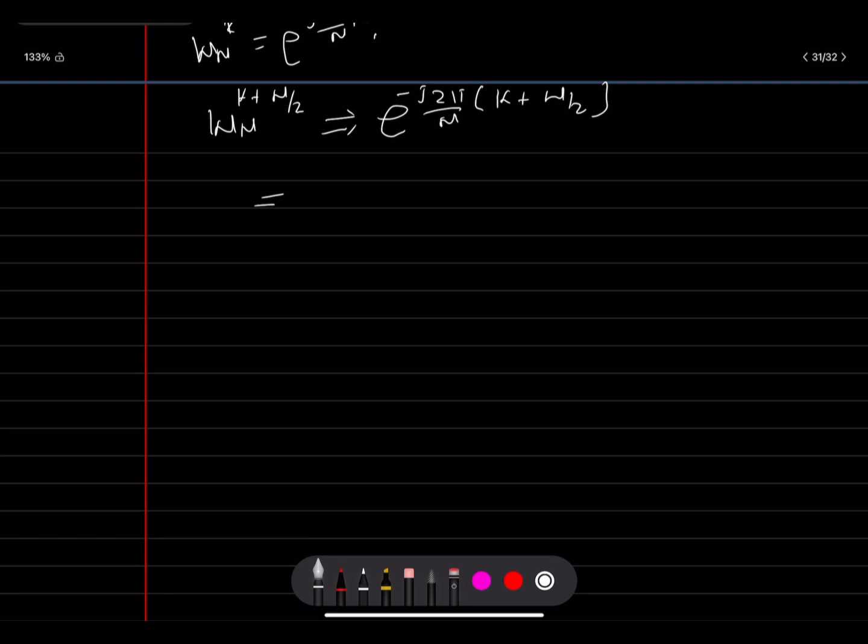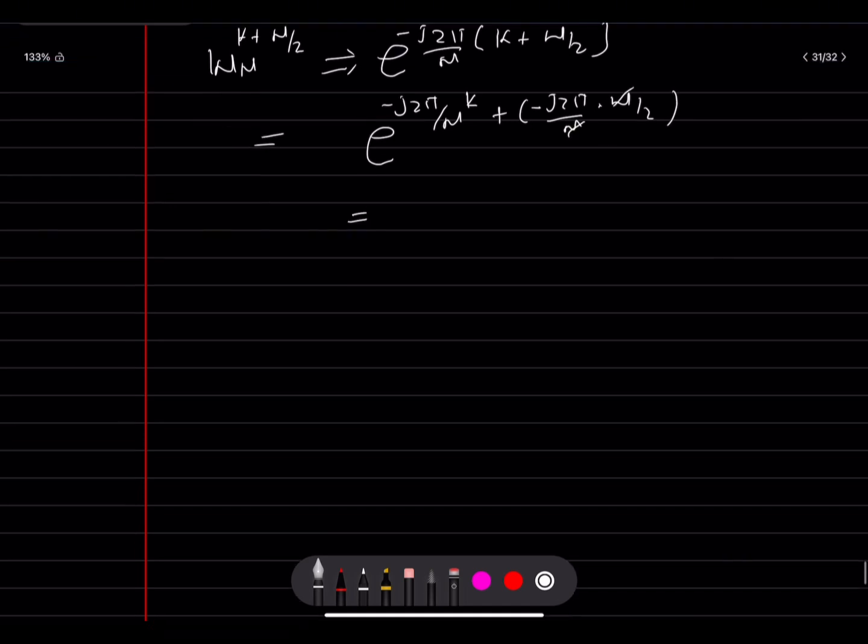Doing the analysis, we can simplify the right hand side as -j 2 pi over N k, plus -j 2 pi over N multiplied by N over 2. This N will cancel this N. So we finally get exponent -j 2 pi over N k, plus, in brackets, -j. These 2 will cancel these 2, and then we have pi.